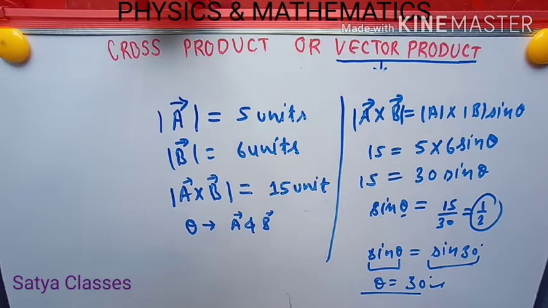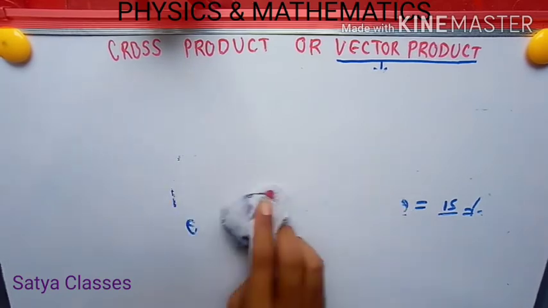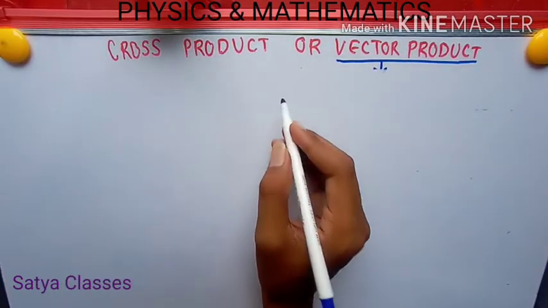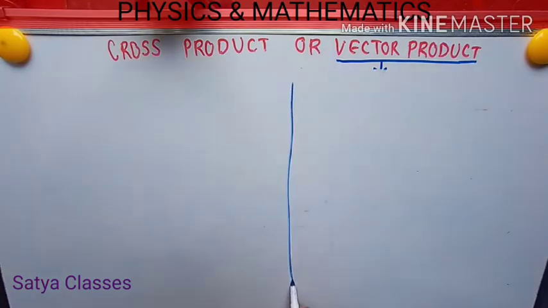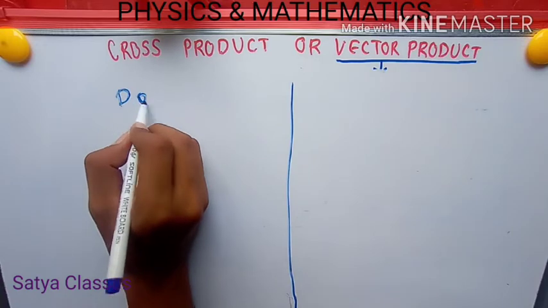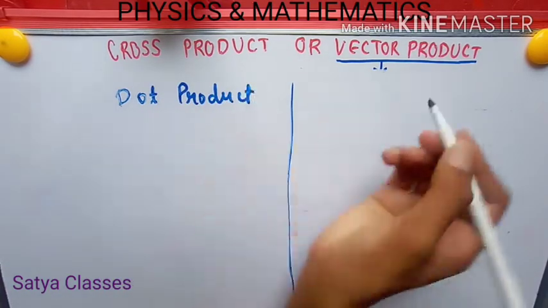So I would like to tell you some important features of dot product and cross product. So let's see. I am comparing them. Here I am writing dot product and here cross.